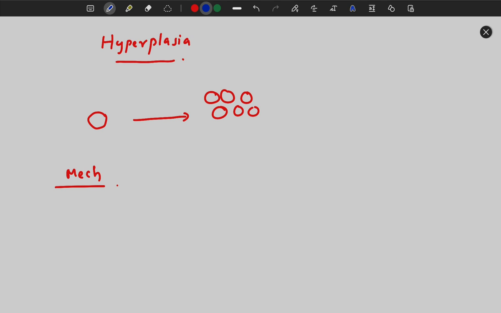Now, what is hyperplasia? As you can see, it is an increase in the number of cells, thereby the organ size increases. Whereas in hypertrophy, we have seen that the cell number does not increase, the cell size increases.